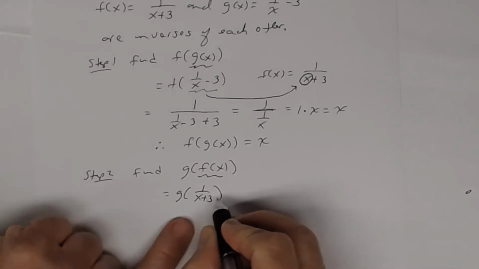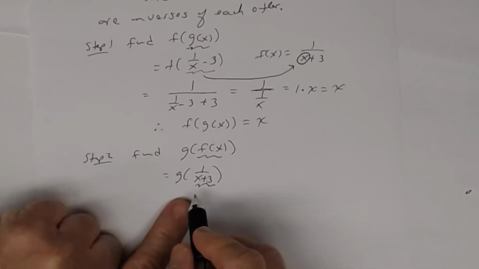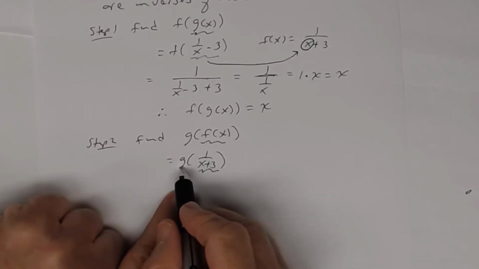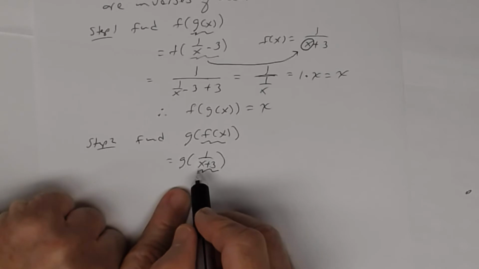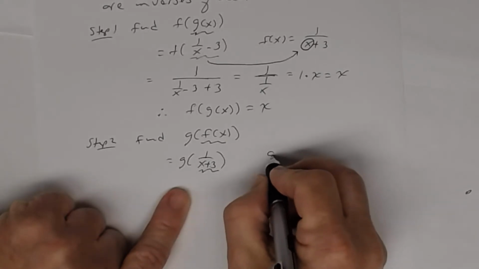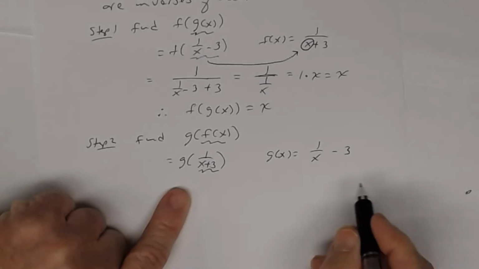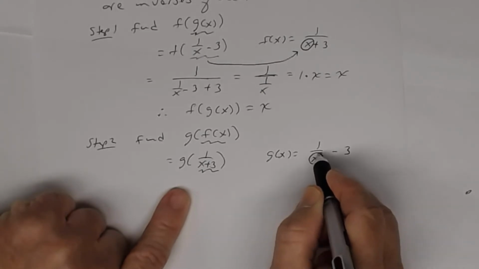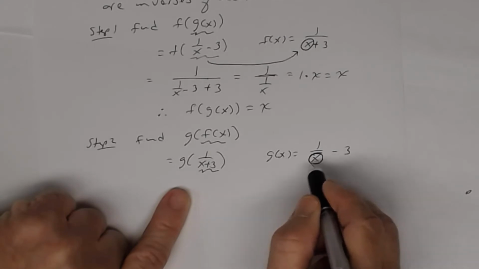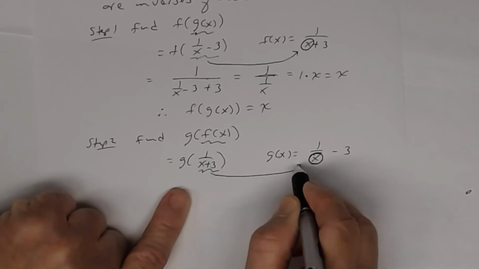I'm going to go to my function g, and wherever I see the variable x, I'm going to substitute this right here. Remember, g of x is this function, 1 over x minus 3. Notice I see the variable x right here, so I'm circling it, and I'm going to replace that circle with this expression.